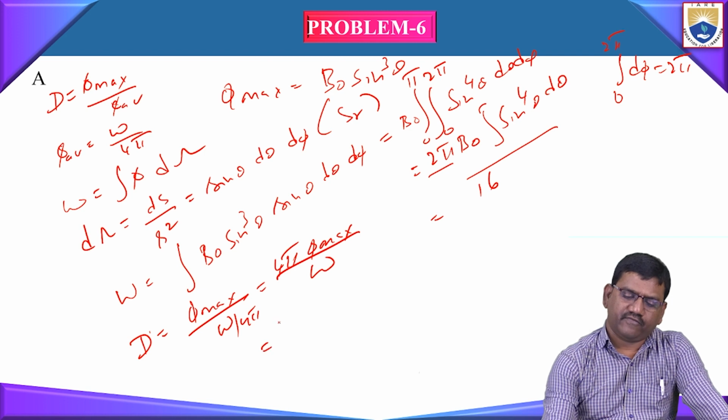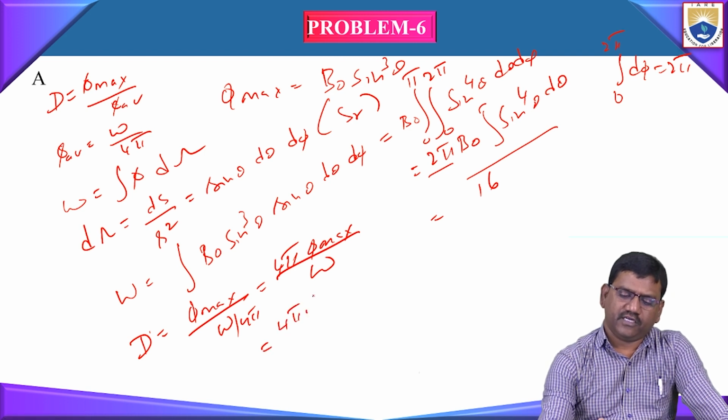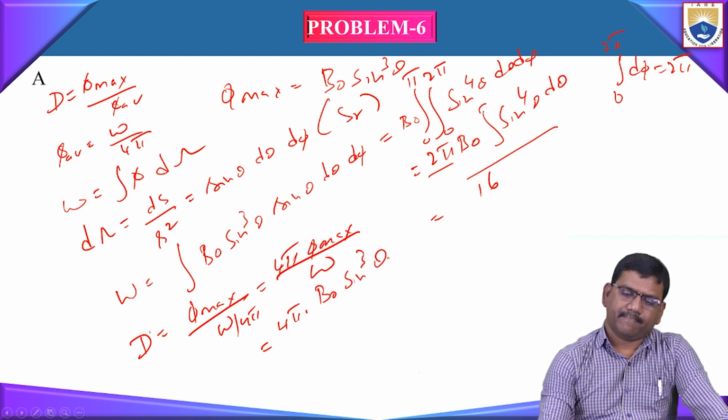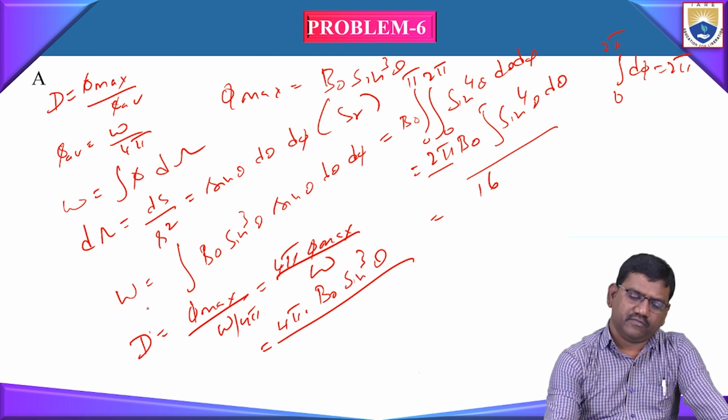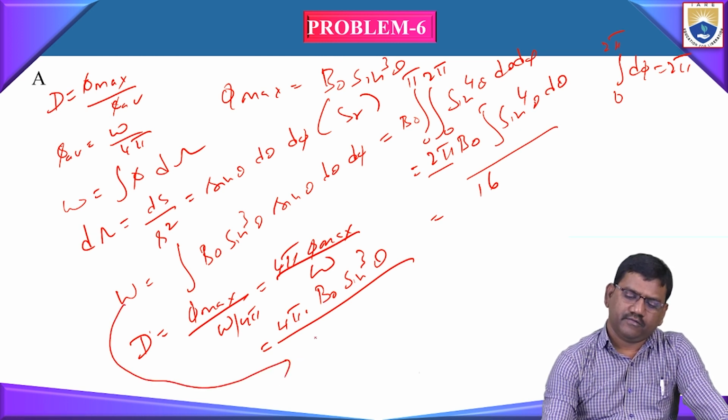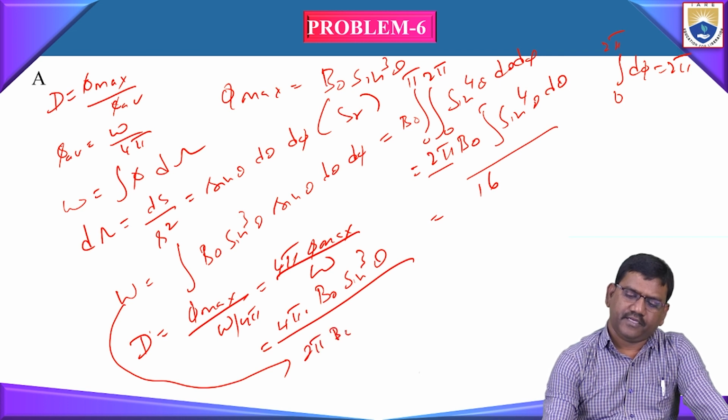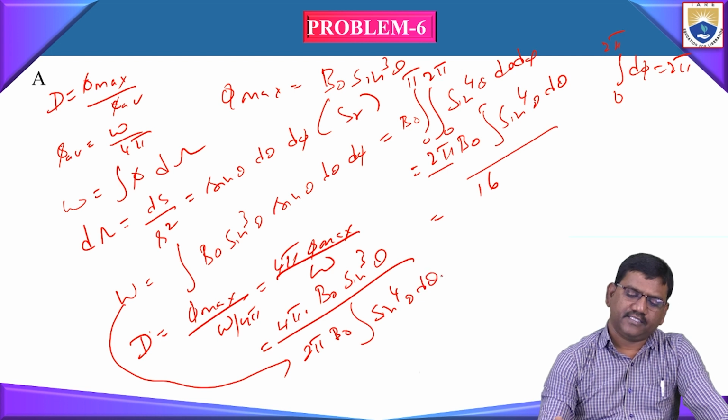What is phi max value? You will get B naught sine power 3 theta. This is phi max by W, which is 2 pi B naught sine power 4 theta d theta.